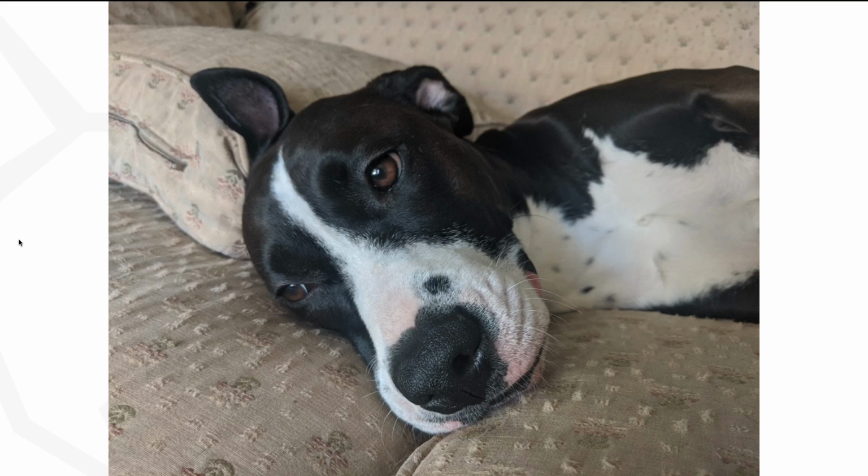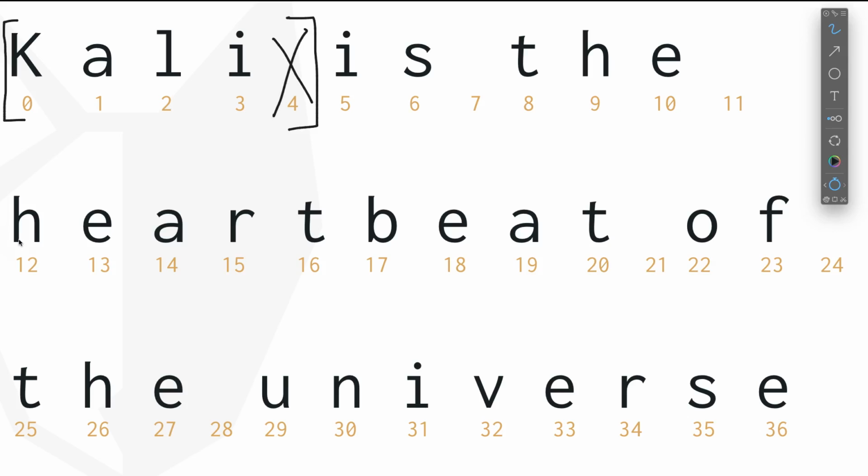But let's go back here. I want to print from heartbeat, and I just want heartbeat to appear. So should I use index 20 or index 21? Think about that before I do it.